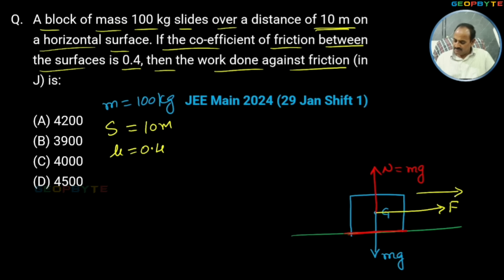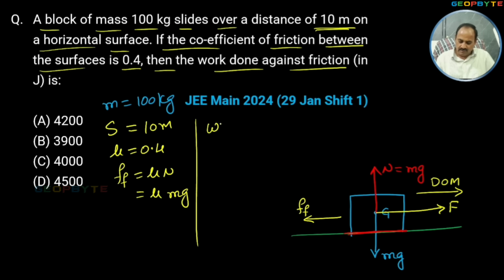Since the block is moving, this is the direction of motion. Then the frictional force acts in the direction opposite to motion. The frictional force Ff equal to mu N, that is equal to mu into mg. It is asking for the work done against the friction. Work done against the friction means the frictional force multiplied by the displacement.